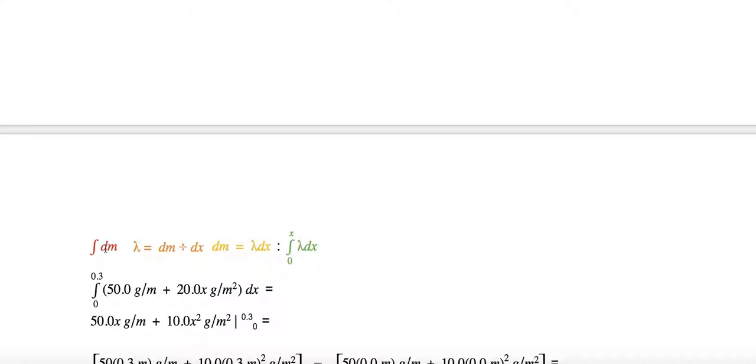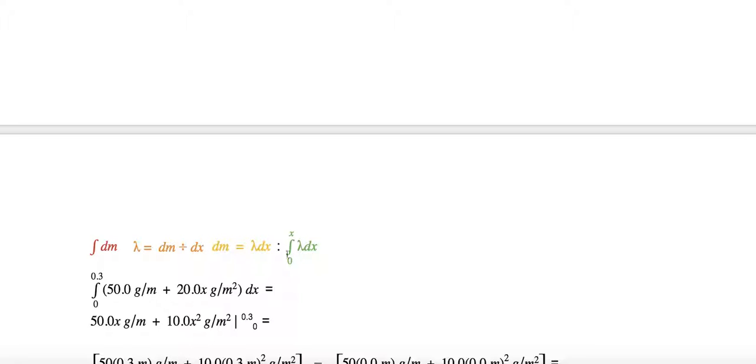For every small mass we have, just add them all up. But since we don't have an equation for that, we have to use the density or lambda equation. So lambda equals dm divided by dx, dx being distance. And so then dm equals lambda dx.